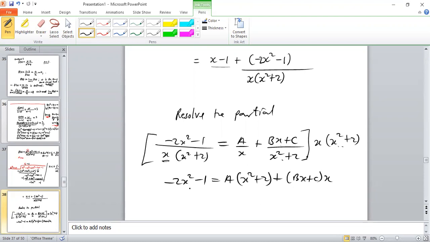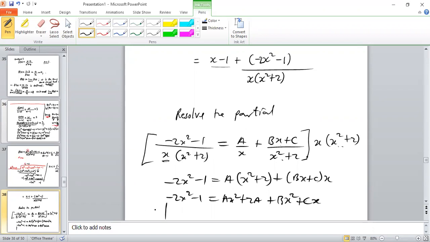Then we can expand this, so that will be minus 2x squared minus 1 equals Ax squared plus 2A plus Bx squared plus Cx. Then we can come up with the equations.